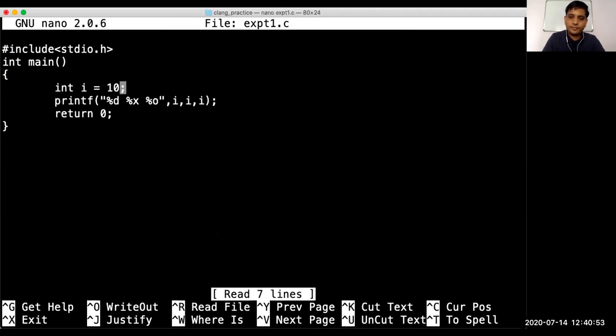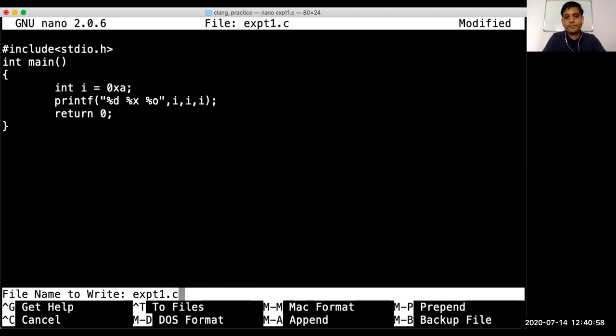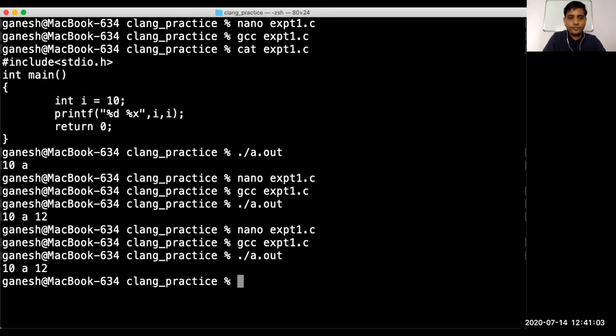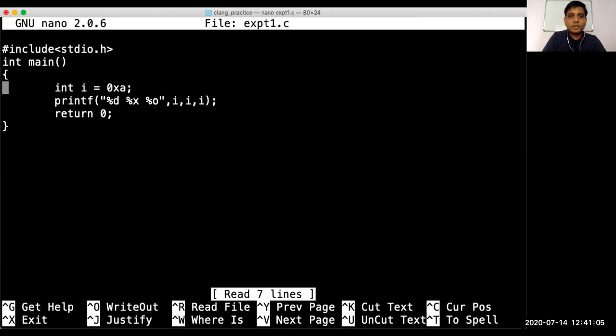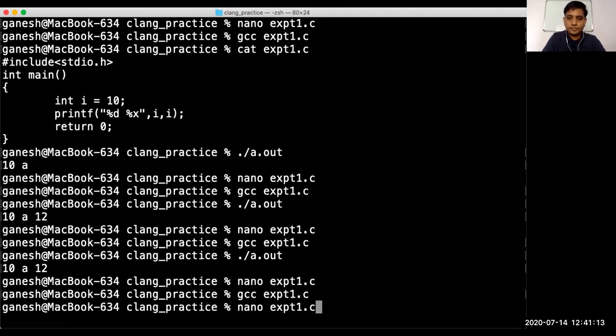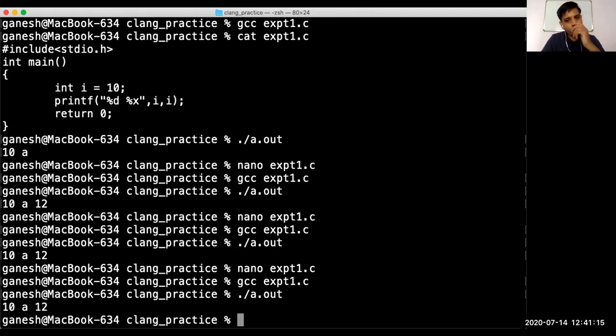Suppose here 0xa, the output is the same. And if you are giving 0x capital A, the output is the same. So you can give the input in capital, but the compiler will always give the result in small. It is related to hexadecimal numbers only.